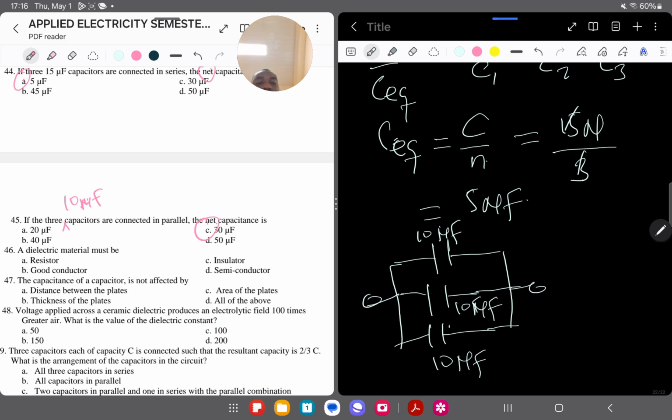So the equivalent capacitance, since they are connected in parallel, is C1 plus C2 plus C3. That would just give me 30, that would be 10 plus 10 plus 10. Remember, it's 10 micro. Let me write this.